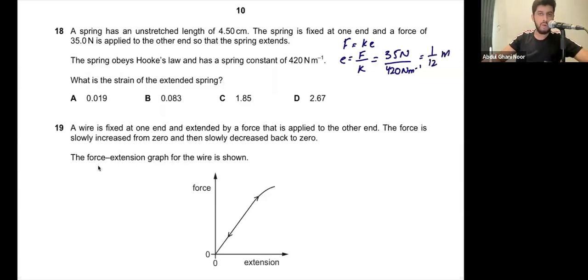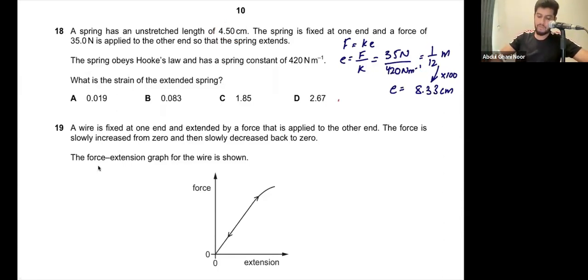See? Now, I've seen students do this incorrectly. The reason behind that is this is centimeters, this is meters. तो आपको दोनों को सेम यूनिट में रखना जरूरी है. So let's convert this into centimeter. Let's multiply this by 100 and you get 8.33 centimeters. This is the extension, 8.33 centimeters.